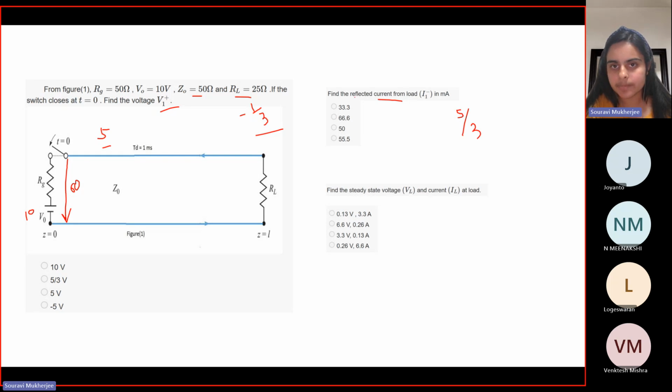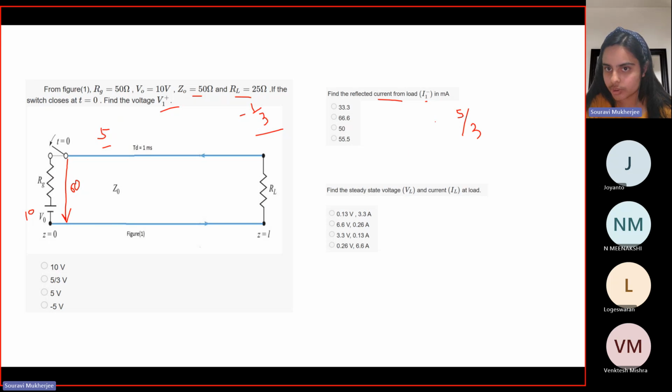The question says, find the reflected current from load, so it is said I1 minus. It is important to note that the 1 signifies the value at the source, at the generator end, not at the load end.